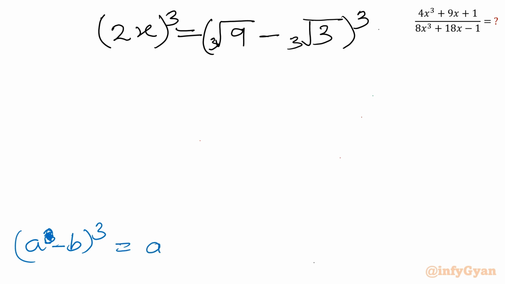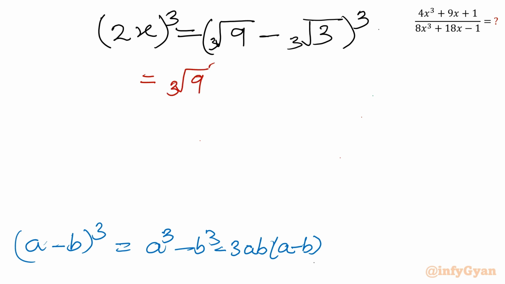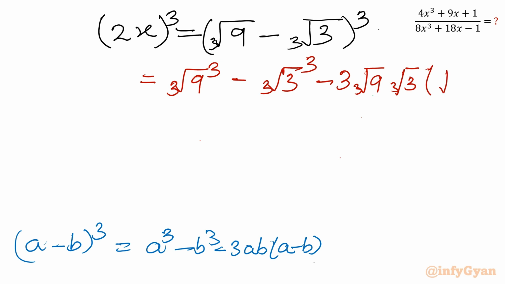So it is a cube minus b cube minus 3ab times a minus b. Let's apply. I will write here cube root 9 cube, a cube is done, minus cube root 3 cube, b cube is over, minus 3 times cube root of 9 times cube root 3, in bracket cube root of 9 minus cube root of 3, bracket close.